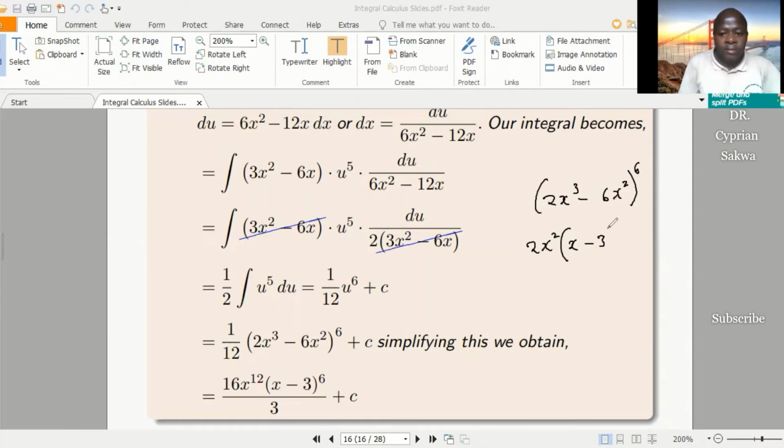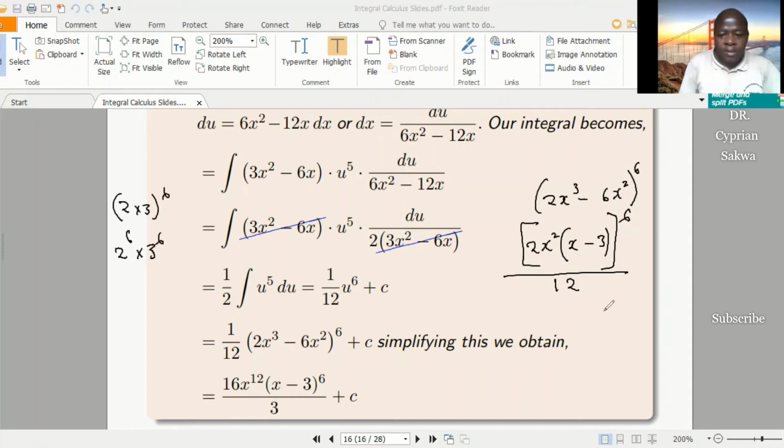And then the whole of this thing is raised to 6, and then divided by 12. All of that thing raised to 6 and then divided by 12. Now, when this happens, you know that 2 times 3 raised to 6 is the same as 2 raised to 6 times 3 raised to 6.